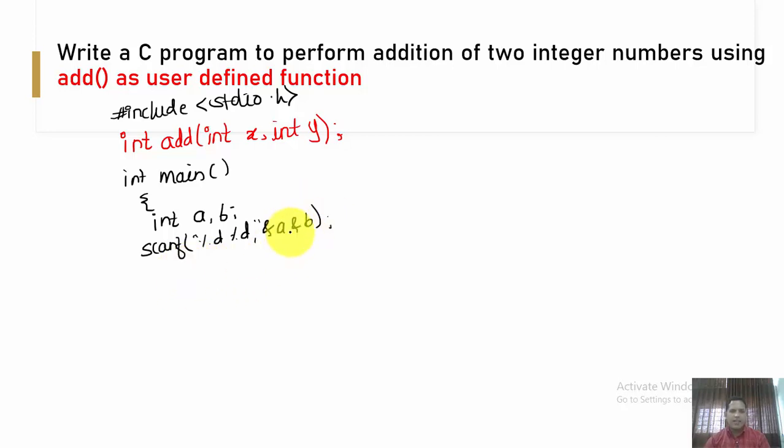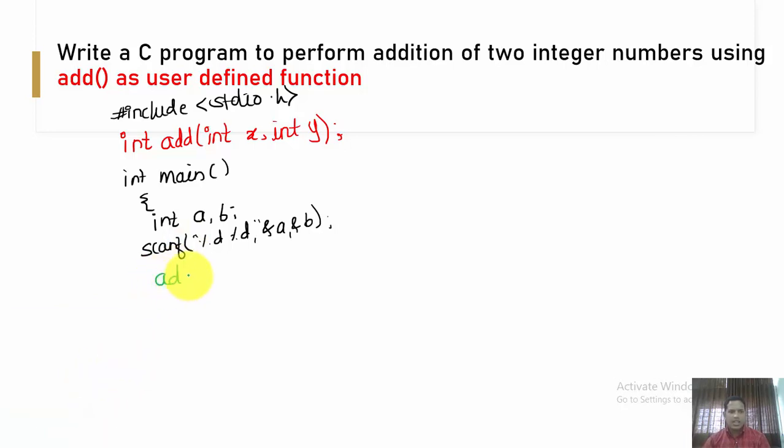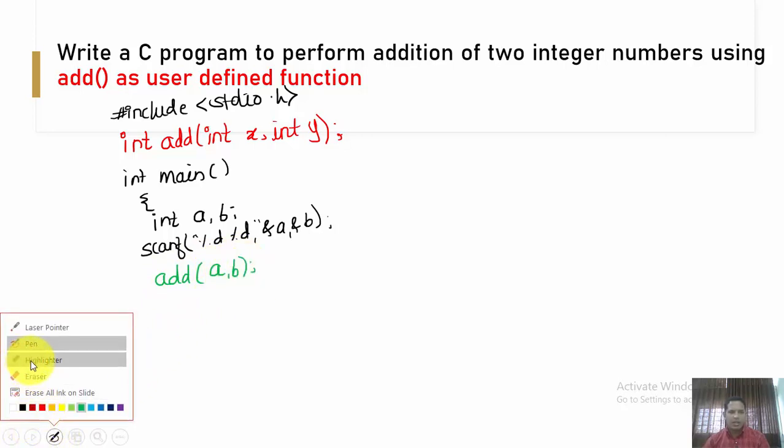Then I simply call the add function. So add in bracket, let me change the color so that it is easier for us to understand. I define one statement: add in bracket a comma b, and simply terminate it.